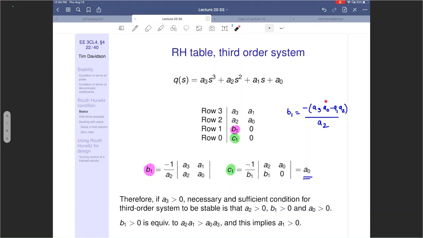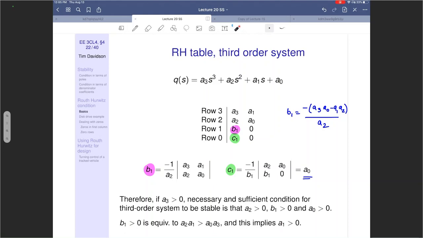Now, using the results that we obtained for B1 and C1, you can break this down into saying B1 is greater than 0, which also means A2, A1 should be greater than A0, A3. And this implies A1 should be greater than 0. So if A3 is greater than 0 and A0 has to be greater than 0 anyway, in order for B1 to be greater than 0, this simply means A1 has to be greater than 0.